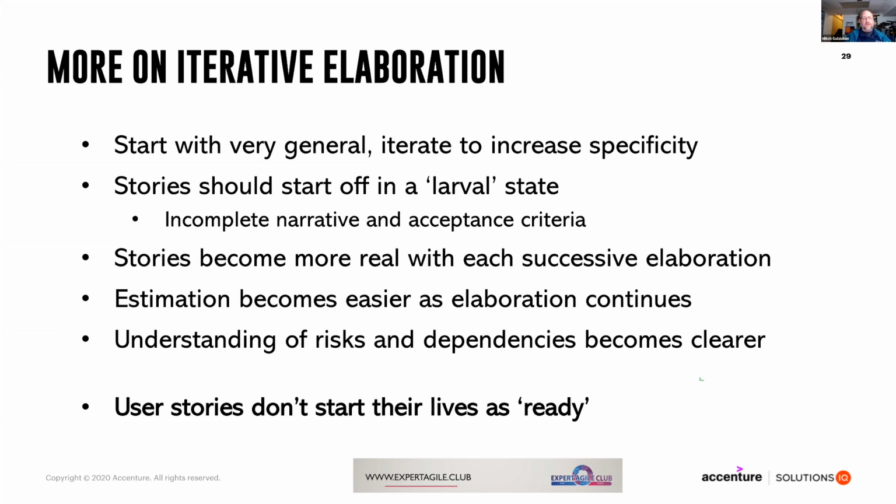Every time we iterate over a story, it becomes more real, more tangible, more doable, more estimable. And the understanding of risks and dependencies, which are just as important as the other parts of the story, becomes clear. We have to remember, user stories don't start as ready. They start as a very tiny particle of an idea, and it takes iterative elaboration to get to the point where they're ready to be engaged by the team.